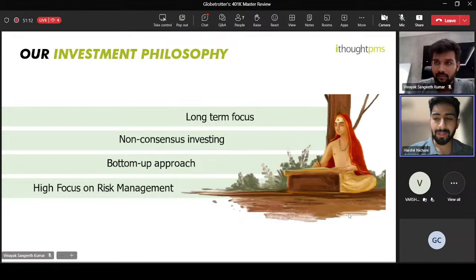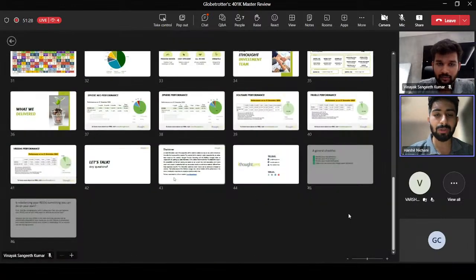The way we build our portfolios also is very non-consensus, which means we don't follow a particular herd. We do contrarian investments, which means what makes sense is what we would like to do. We only like to do a bottom-up approach where we want to stick to companies that are going strong, that are monopoly businesses, and usually they are within the top 2 in their respective field or industry.